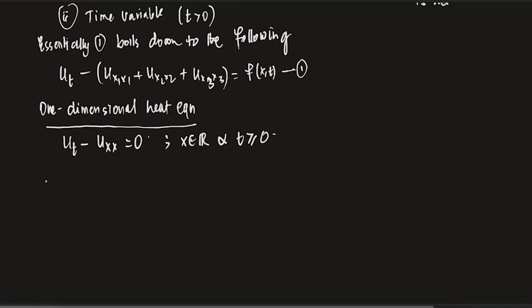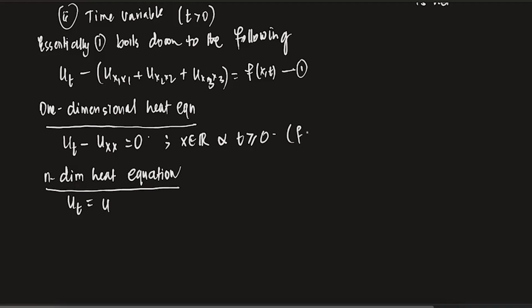Now if I say n dimensional heat equation, you can understand that it means you write it like this: u_t equals u_x1x1 plus u_x2x2 and it will go on until u_xnxn. Here I am just assuming f is 0, the homogeneous problem.